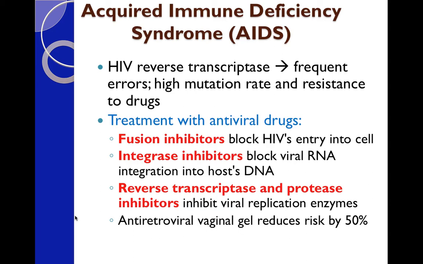You have to often be on multiple antiviral drugs, and I know the drugs are not cheap, and everybody responds somewhat differently. Some people can live for an extended period of time and have very low levels of HIV, whereas others, even with the multiple drugs, the disease progresses much more rapidly.